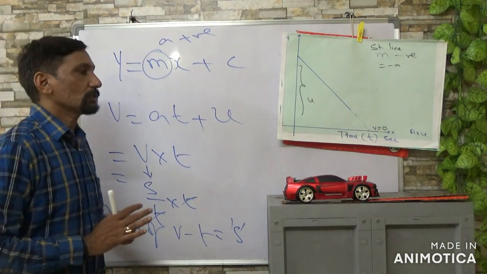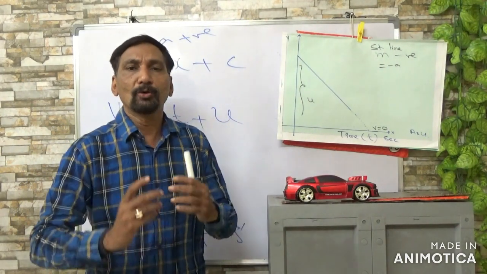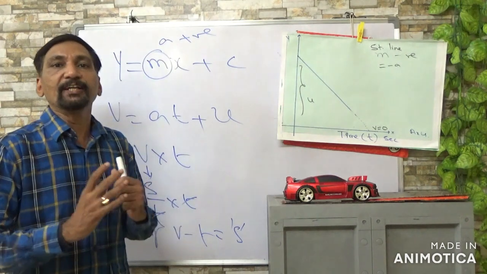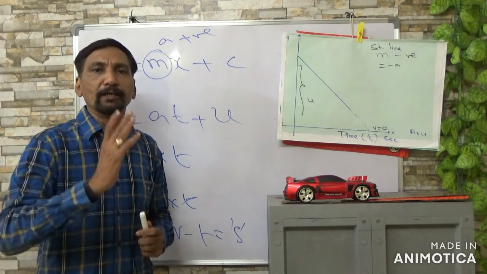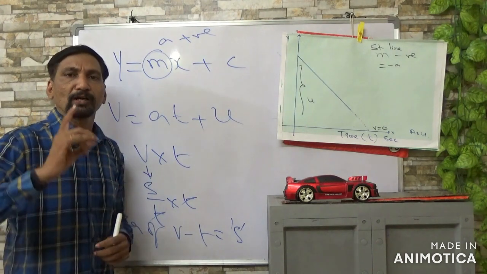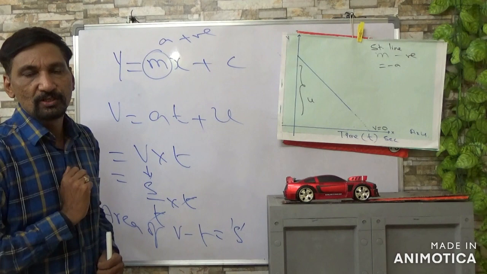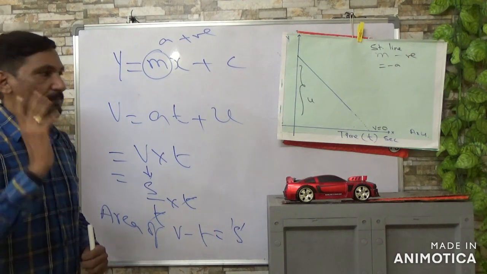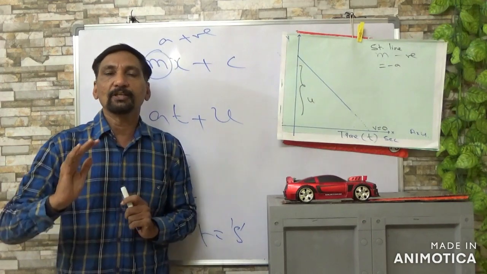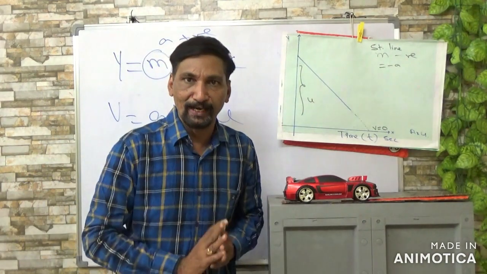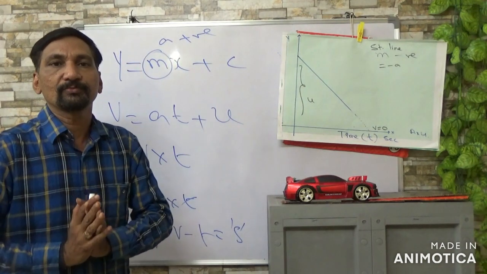Okay, so these are all related to the graphical part. Now based upon this VT graph, you will definitely be given one problem in any competitive exam. So under this you need to remember only two important points. What are they? One, slope of VT graph gives acceleration, because change in velocity by change in time, right?